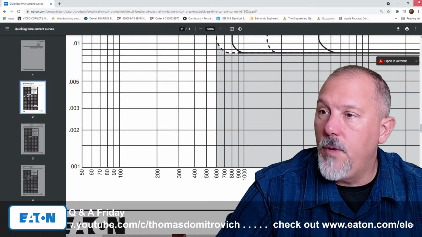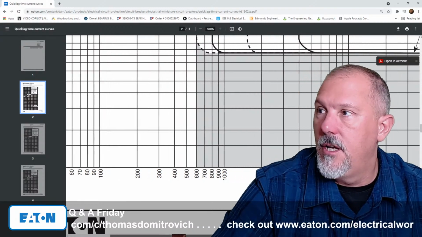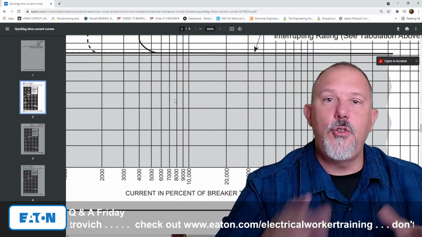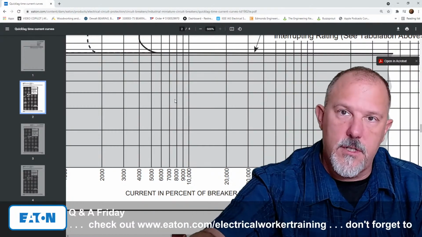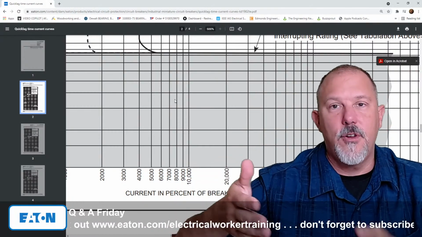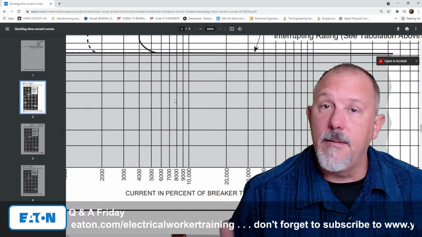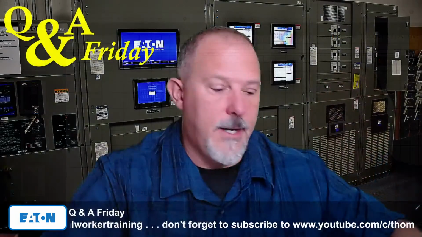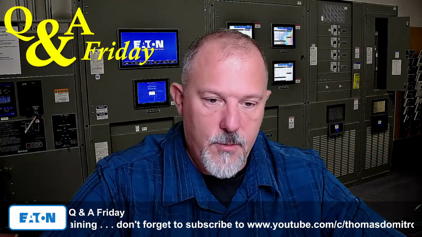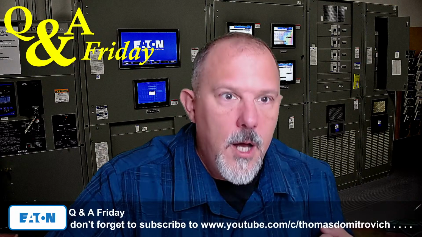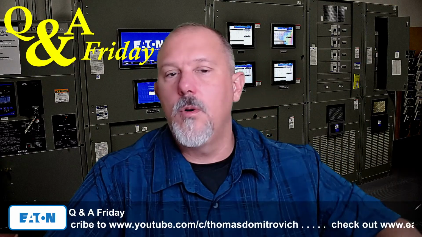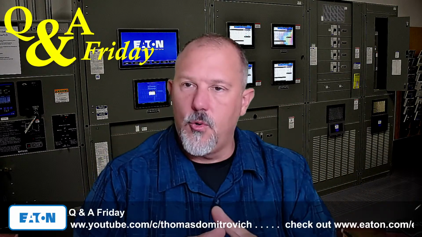So we do plot the curves below 0.01 seconds, but they cross over below that. So you have an overlap of curves at the higher fault currents. SKM is just cutting them off sooner. So hopefully, whoever asked that question, that answers it.